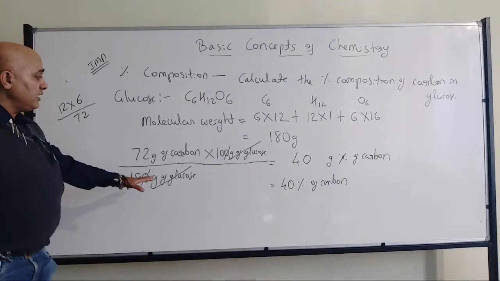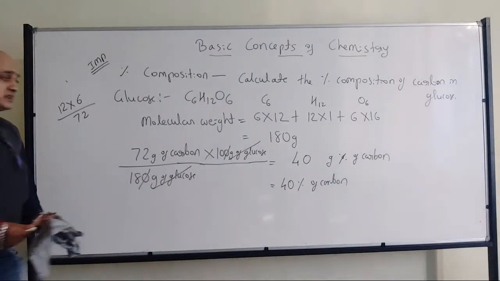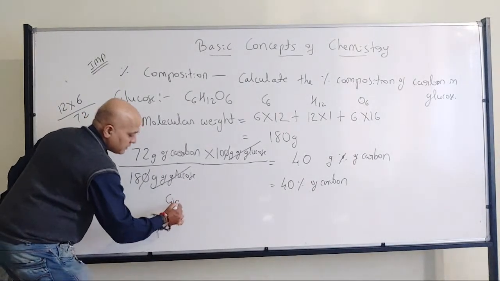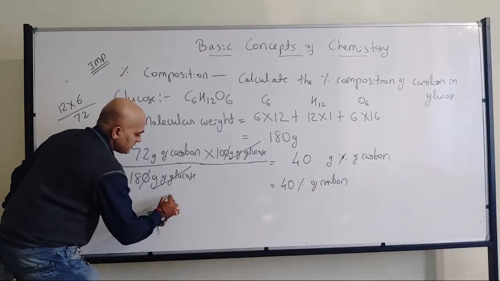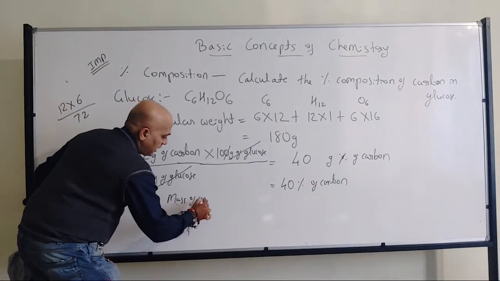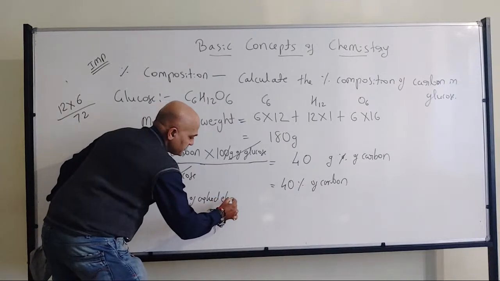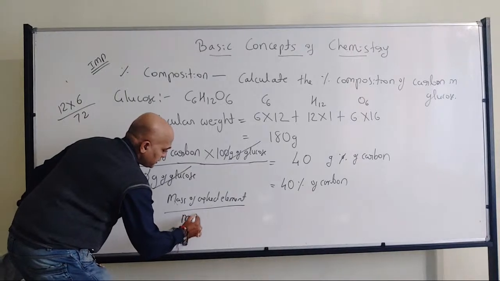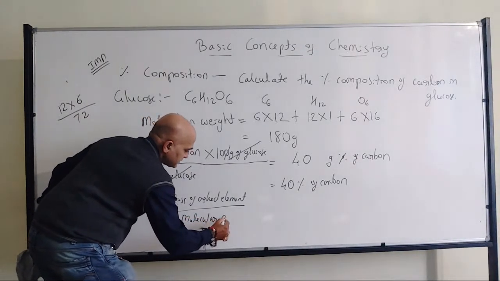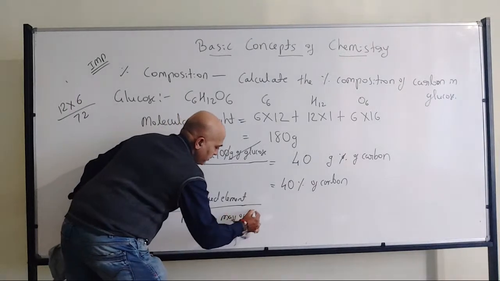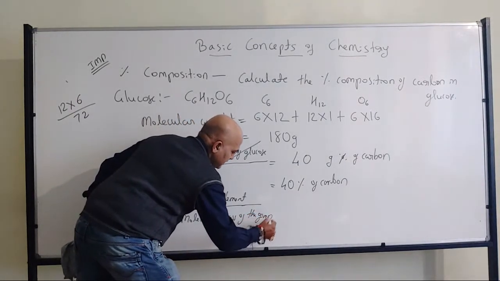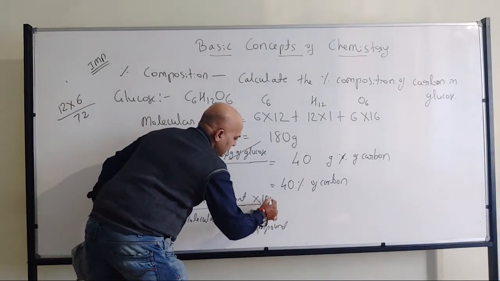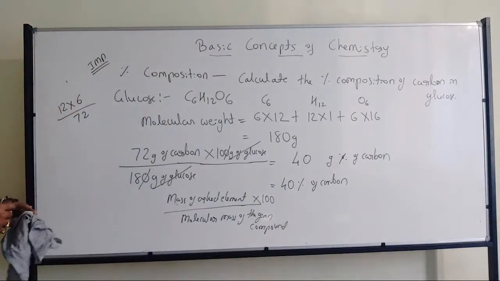So that's where we have the formula. What is the general formula we can mention? Mass of the asked element, or interested element or atom, divided by the molecular weight or molecular mass of the given compound, multiplied by 100.